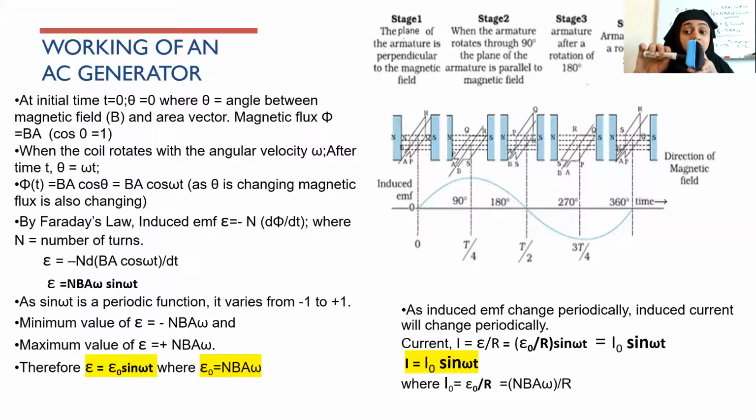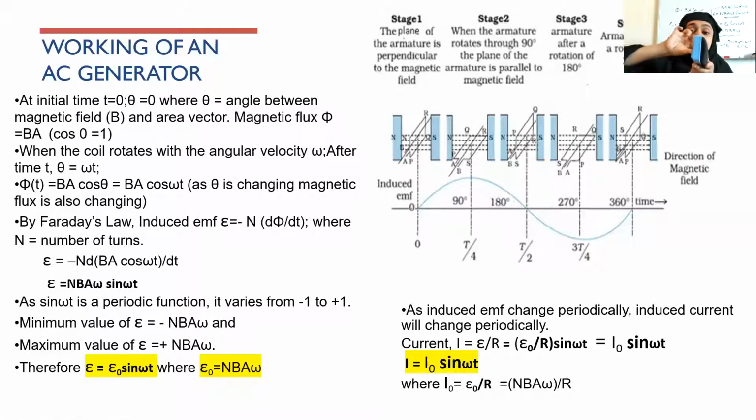So what will be the EMF? Angle between them is 0. What is sine 0? 0. So the EMF is equal to 0. So initially when we start from this position, induced EMF will be 0.